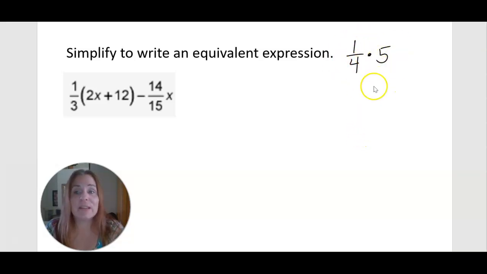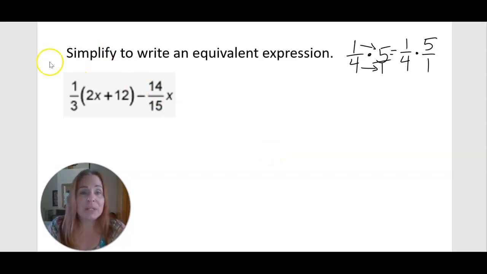That's the same thing as 1/4 times 5/1, right? So because that whole number is going to be written as a fraction by putting it over 1, we end up just multiplying the top number, and then the bottom number is just multiplied by 1, so there's no change, right? So I'm going to do that over here.